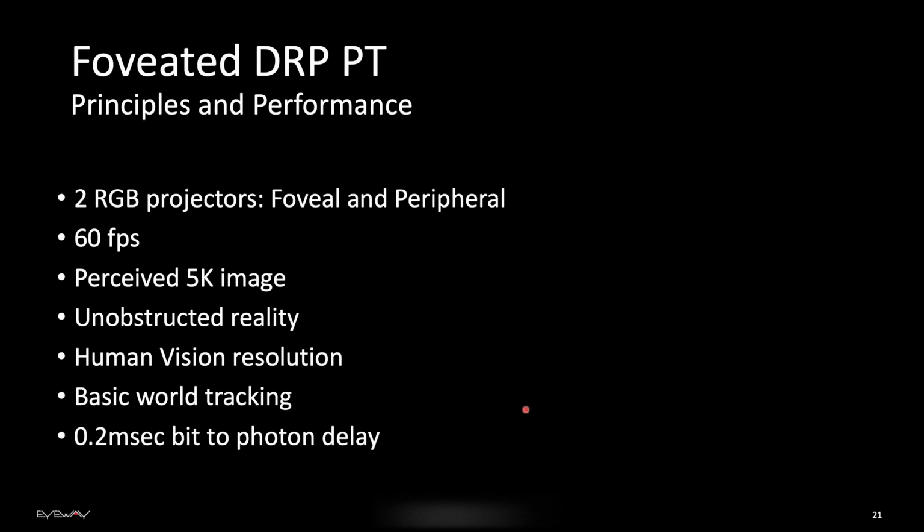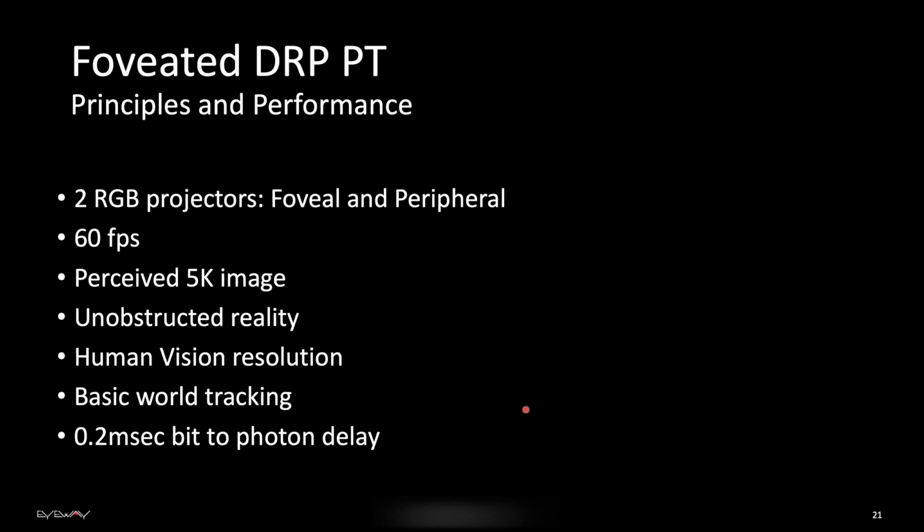A little bit about the principles and the performance. We have 2 RGB projectors, one for the foveal, one for the periphery. They are running right now at 60 frames per second each, and in the future, we will double that frequency. The perceived resolution is a 5K image.